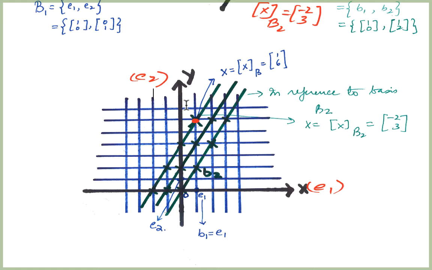One has x and y at 90 degrees to each other, and the next axis is a little tilted. But the point x is the same point, and the way you look at it is different depending on what basis set you're looking at. So that's the bigger picture. The same x, when I'm looking at it from one basis set, looks different, but the position is the same.